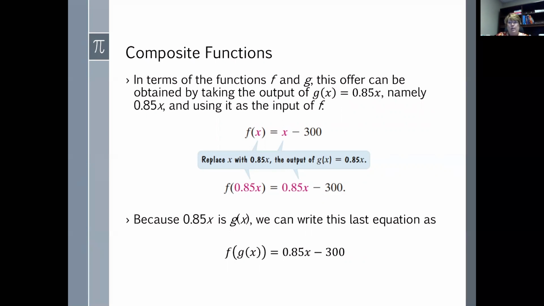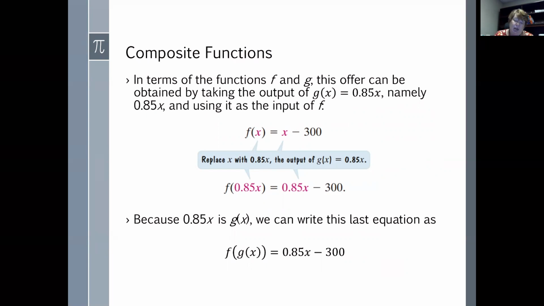So now the cost of your computer is 0.85x minus 300. So again, if it's a $1,000 computer, you pay $850 minus 300, so you'd pay $550 for that computer.